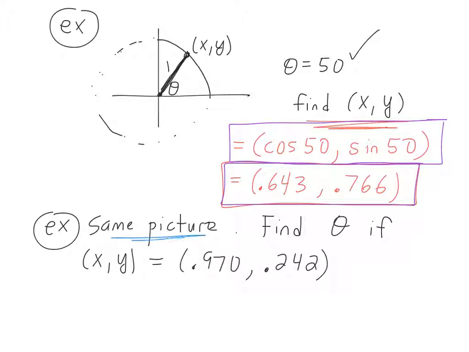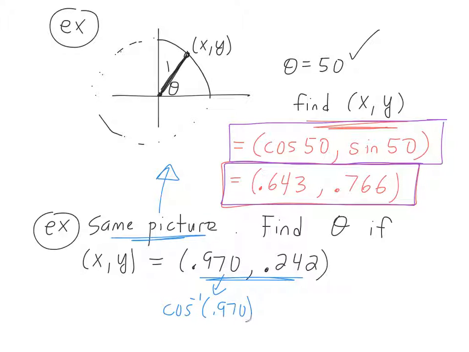All right, let's work backwards this time. We're looking at the same picture as up above, but this time we're looking to find the angle theta, if we're told that x, y has these coordinates. Well, from this x value of 0.970, remember that the x corresponds to cosine. So to get that, what we're going to need to do is to inverse cosine, to reverse it.